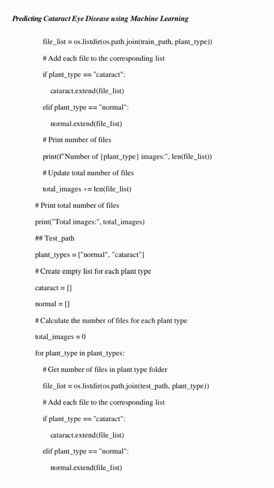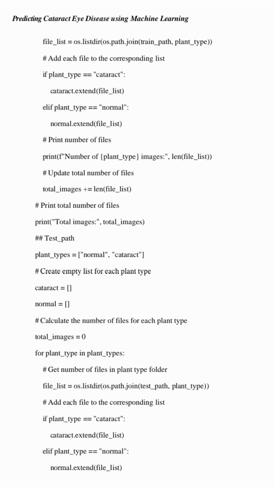We set the train path as my data train and the test path as my data test. The train path has plant types normal and cataract. Next, we create an empty list for each plant type, cataract or normal.